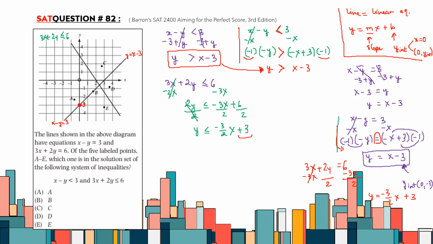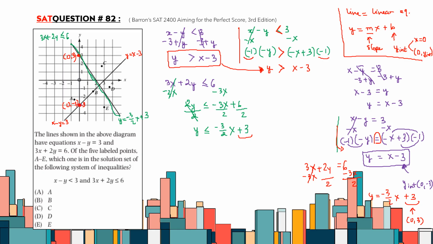Okay, so in this case, at 3 right here, that is (0, 3), the y-intercept for that line. So this one right here is (0, 3). This point right here is (0, -3). Okay, so this one will be y equals -3 over 2 x plus 3. So this graph is the green line. Okay.